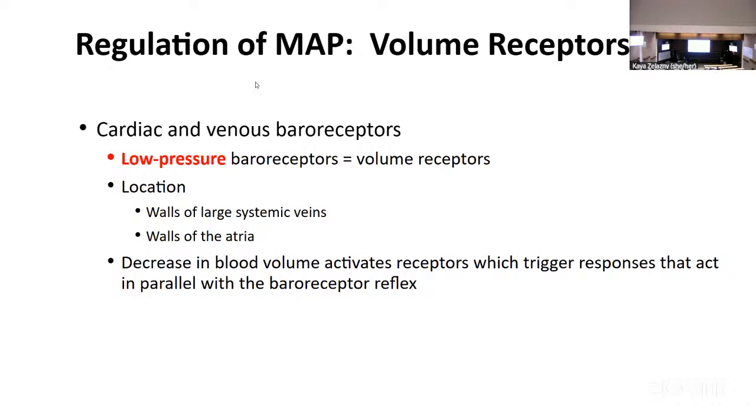So when we see decreases in blood volume, this is going to be probably the same time that we're seeing decreases in MAP in the first place. So we're going to see a response that parallels and assists the baroreceptor reflex in pulling our mean arterial pressure back up, right?